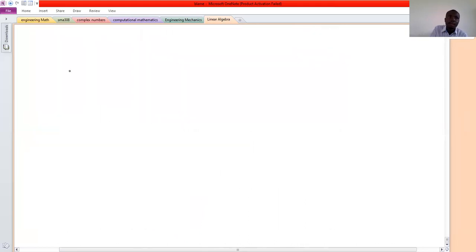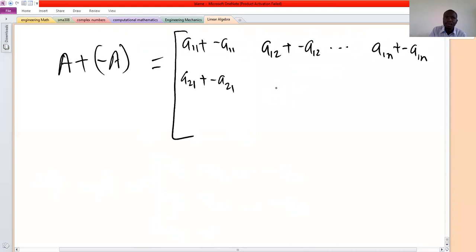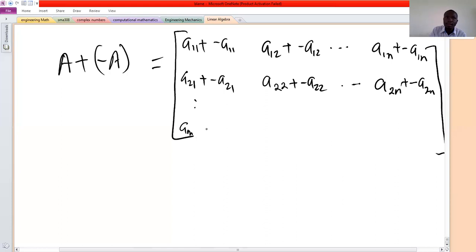Now, A plus minus A will be A11 plus minus A11, A12 plus minus A12, A1n plus minus A1n, A21 plus minus A21, A22 plus minus A22, all the way to A2n plus minus A2n, and then AM1 plus minus AM1, AM2 plus minus AM2, all the way up to AMN plus minus AMN.